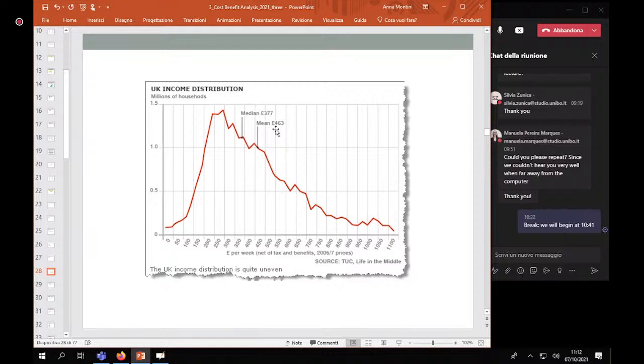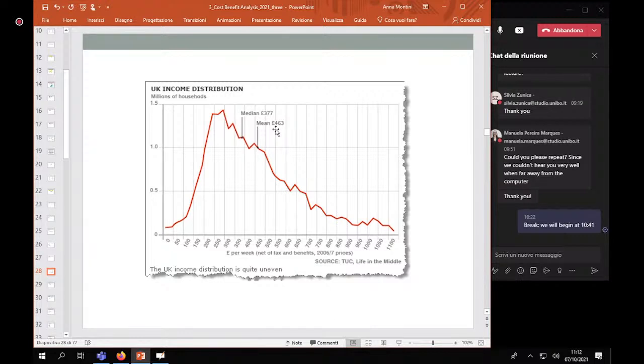So the difference between the median and the mean is related to the fact that if I look at the mean, I can suppose that people are doing well, because the average income is 463 pounds. But I cannot say that 50% of households live with an income equal to or above 463. I have to consider the median value.